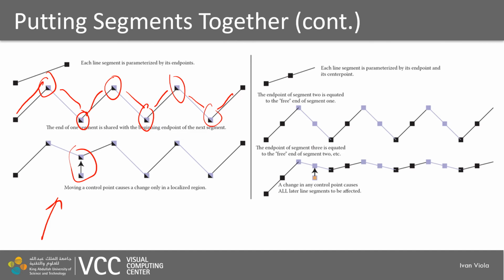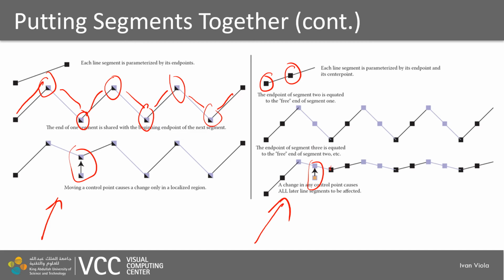This is not the case for the dependency scheme, as we said, because we can see here an example where our curve is essentially defined by an endpoint or start point and a center point. And if we change the center point to some position, then we will also be changing the second endpoint position.